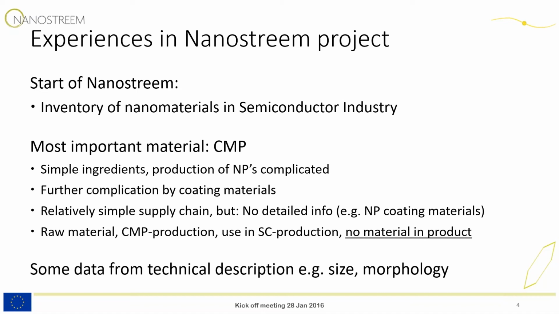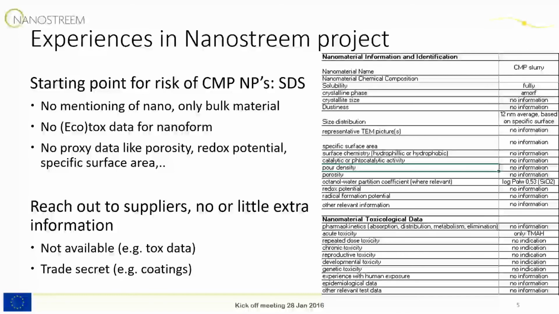We also got some data which we could use from technical descriptions that usually are supplied by the suppliers of those materials, and they contain things like the size of the particles, morphology, but they do not talk about risk.